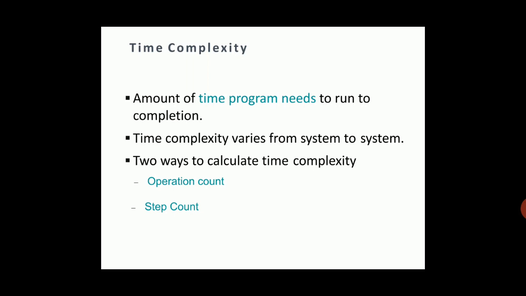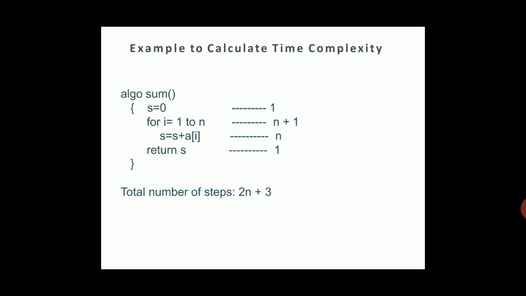There are two ways to calculate time complexity: some is counted by operation count, and some by step count. We will discuss an example of how to find time complexity and space complexity.